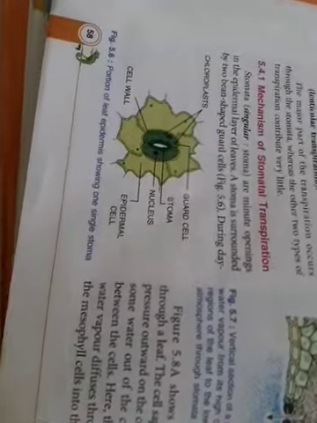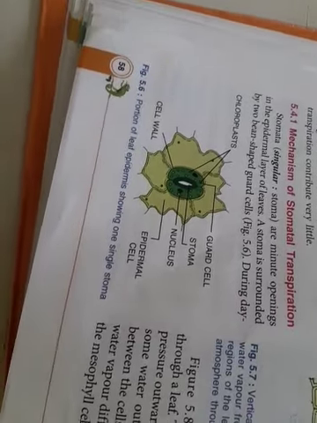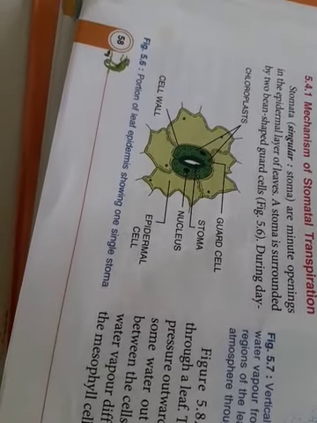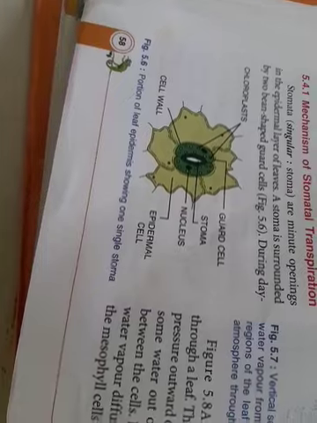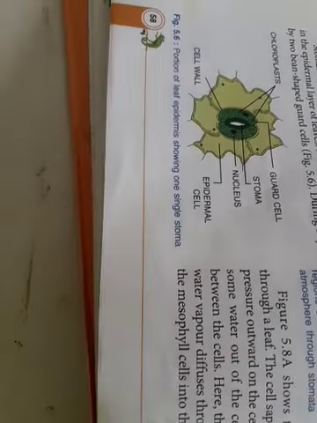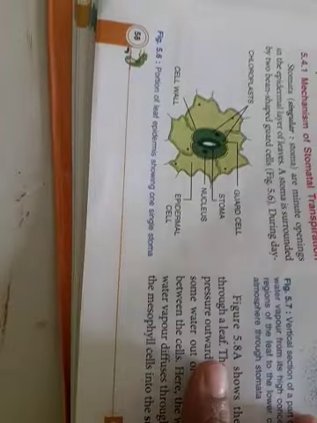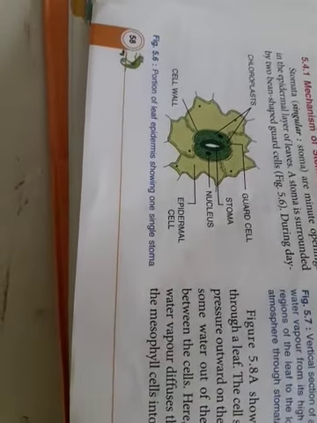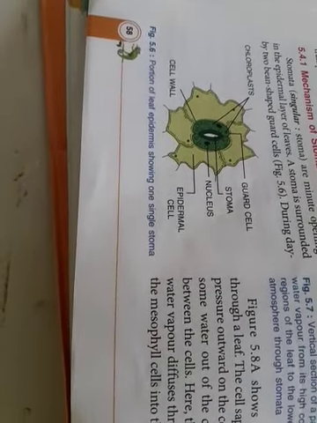So what happens here is, if the amount of water is not reaching the leaf due to some problem, the guard cells close. As the guard cells close, they become flaccid.